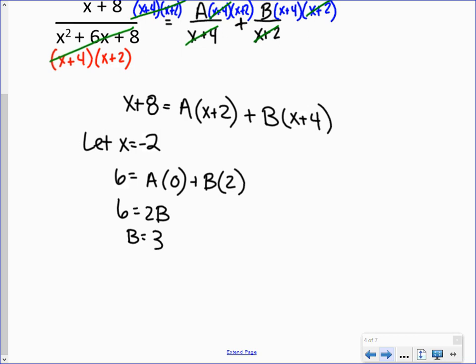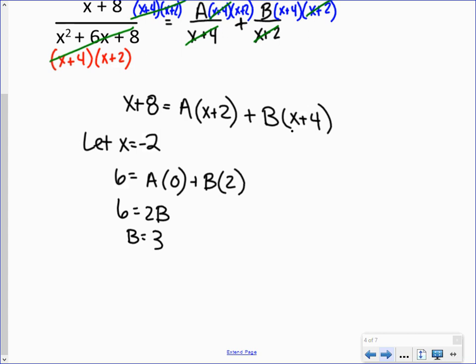Now I can use the same method for the other. If I want to solve for a, now I'll let x equal -4. Okay, so think about, like, we just let x equal -2, and that made this equal 0, so then a was also equal to 0 when it multiplied by 0. Now we're going to let x equal -4, which is going to create this b to multiply by 0 and then go away.